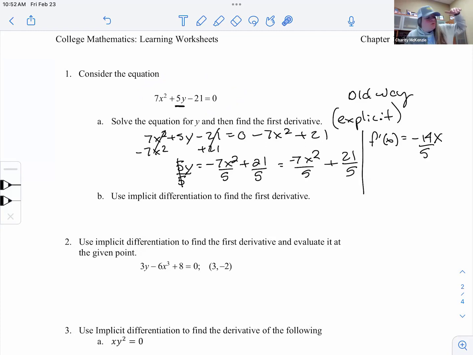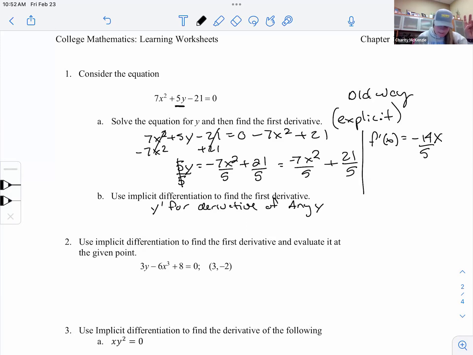But if I do a derivative of the y, the 5y part, I literally add in y prime because I don't know what the derivative of that is, and it's not in terms of x. So you're going to write y prime for the derivative of any y. You could have more than one y.